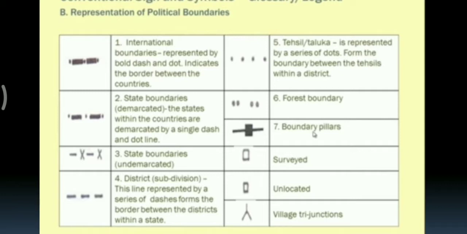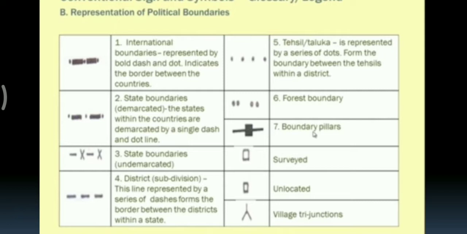A state boundary, as states within a country are demarcated by a single dash and dot line. A state boundary undemarcated is shown by double cross and double dash.